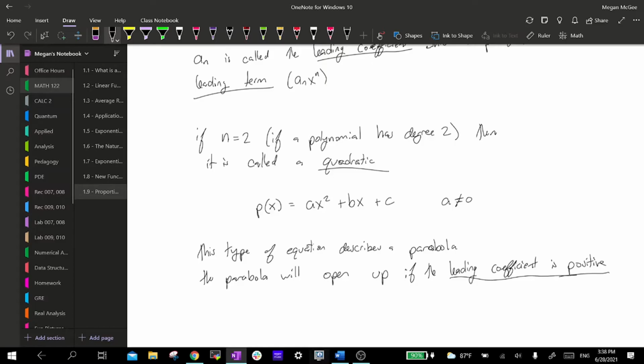I'll underline that whole thing. All right. Otherwise, the parabola will open down. I'll just be super specific and say if the leading coefficient is negative.